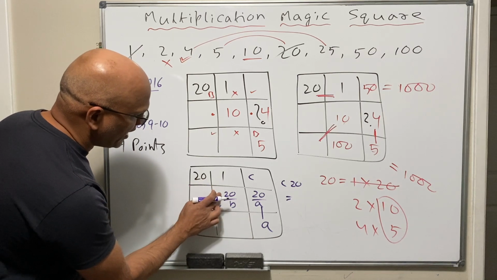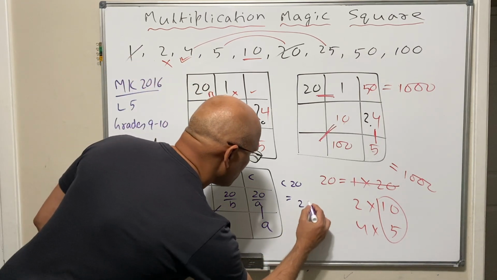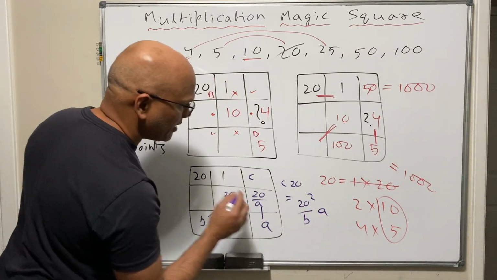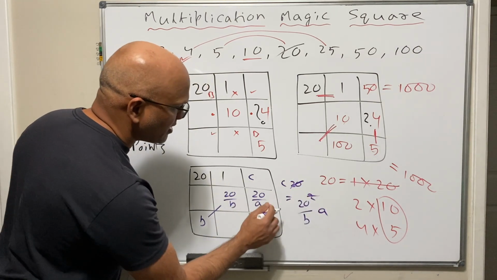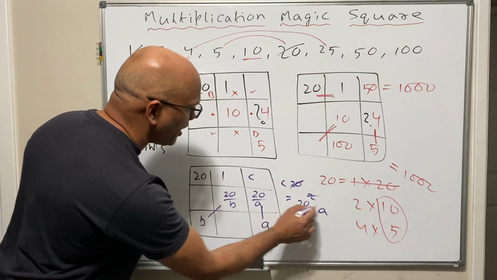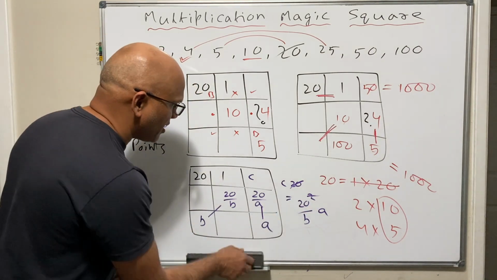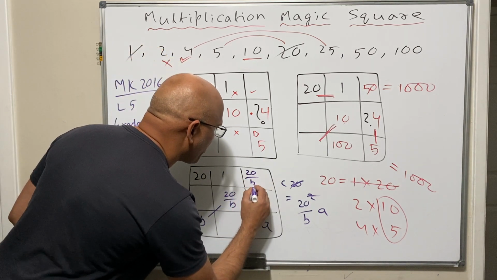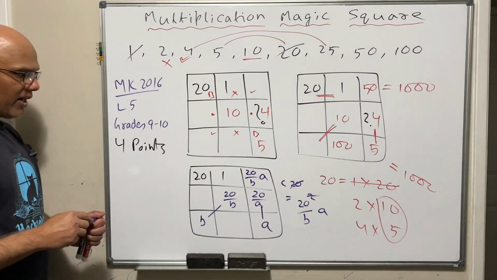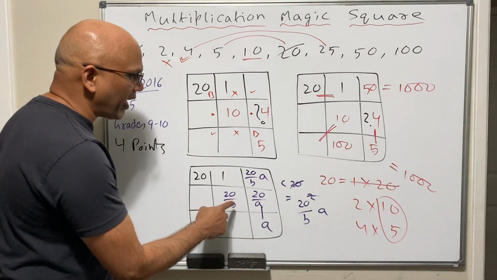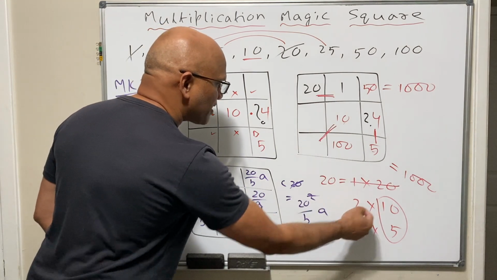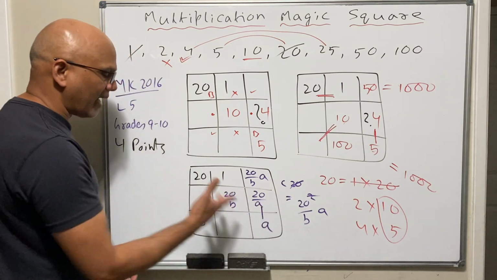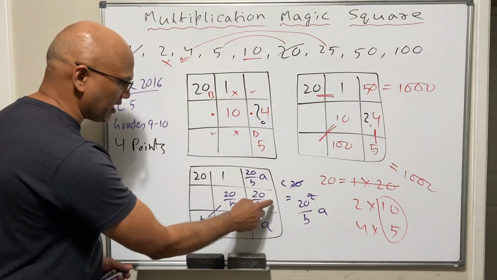So this is 20 squared over B times A. That means if this 20 cancels, C has to be 20 over B times A. Now we know that to get to 20, the only options are 2 times 10 and 4 times 5. So this can be either 2, 10, 4 or 5, right? So there are 4 choices for this.